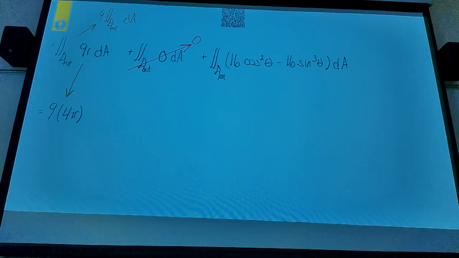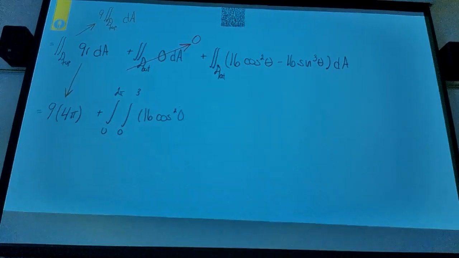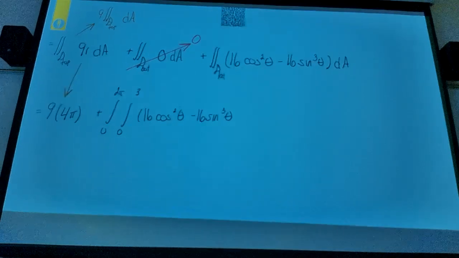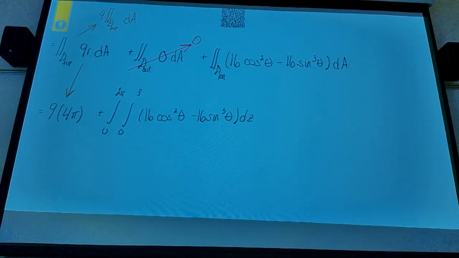It's that third one that is going to be a bit of a headache. There's no z, so we can just evaluate with respect to z and get 3.